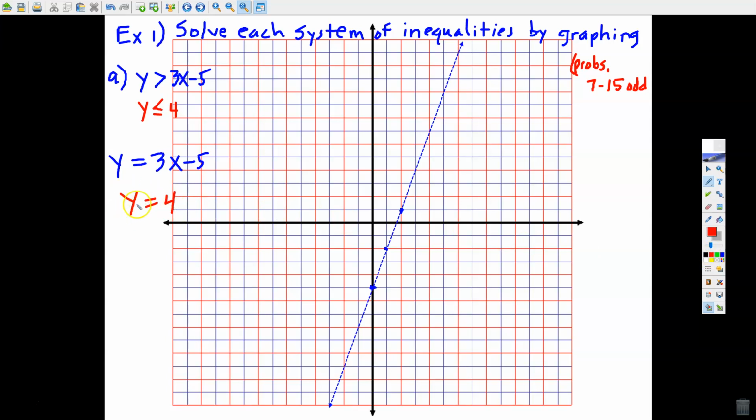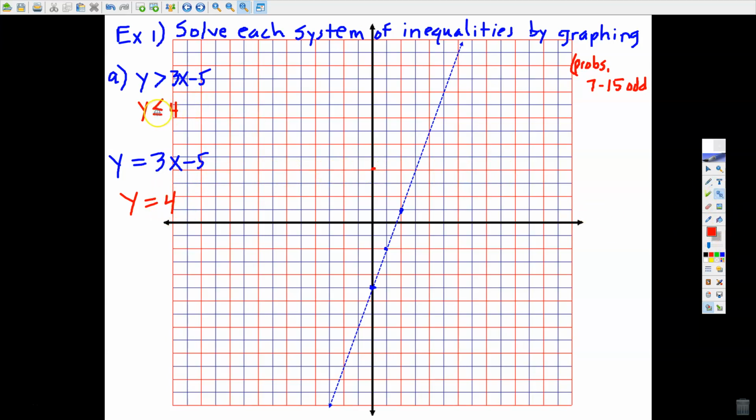Well, remember, line equations that start with y equals, and they just equal a number, that's got to be a horizontal line. It's going to cross that axis at that number. And the only way to accomplish that is to draw a horizontal line straight across, crossing y at 4.